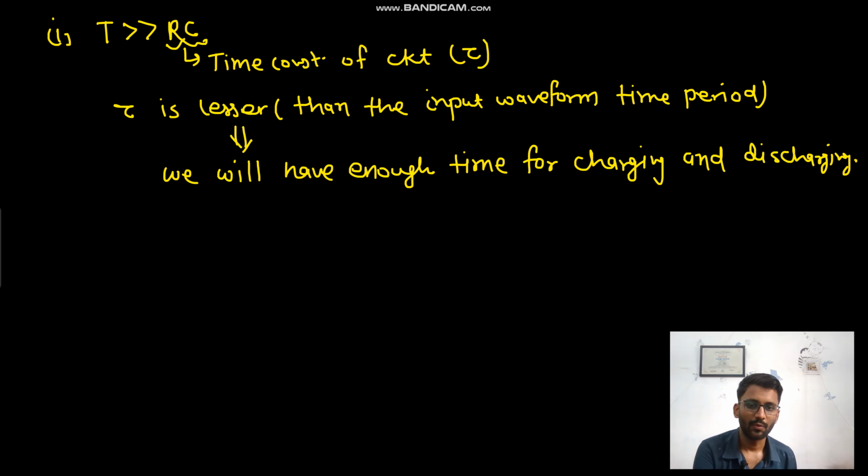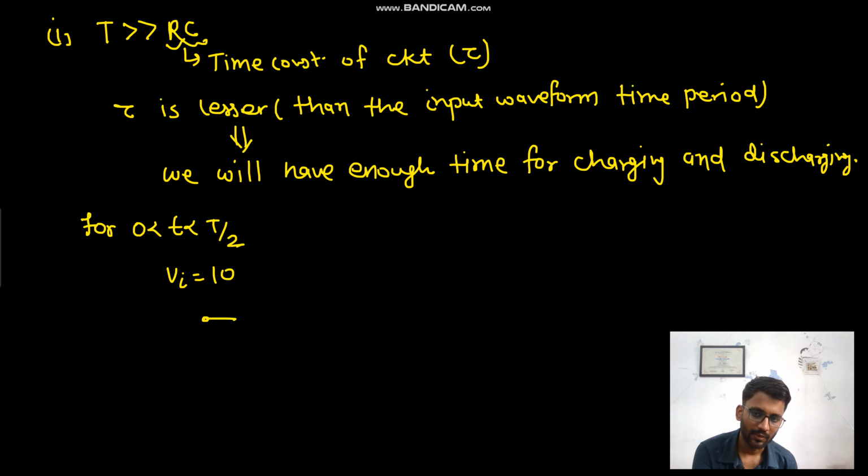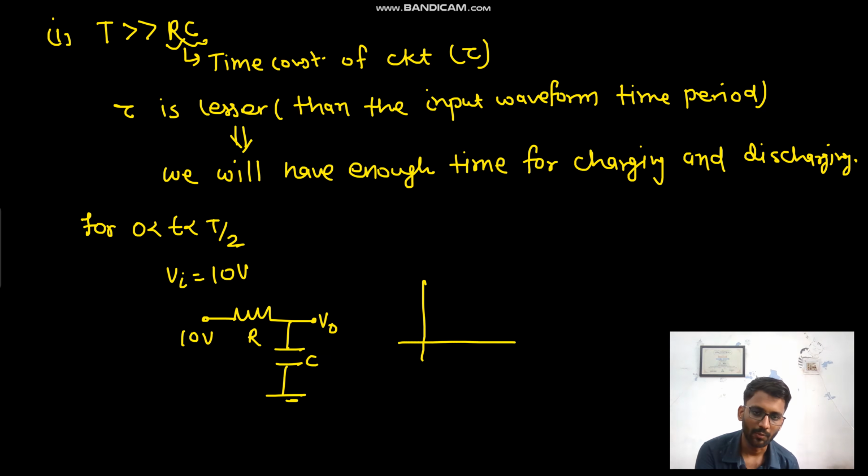So for 0 to T by 2, our Vin is 10. So this is our circuit, R and C, this is V naught, and here we have 10 volt. Your output will go something like this.